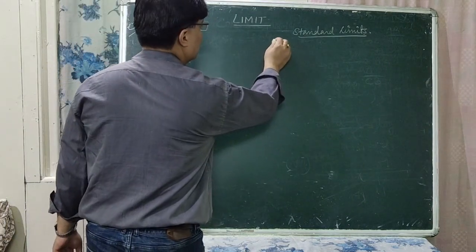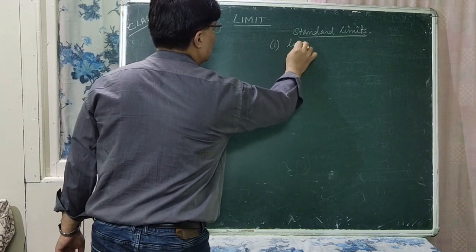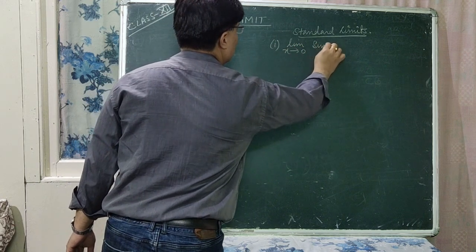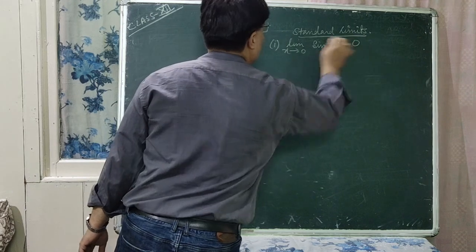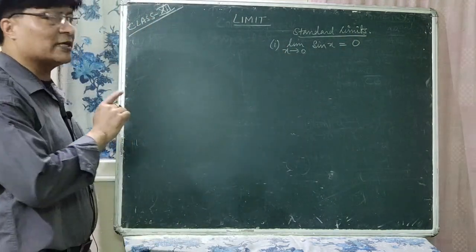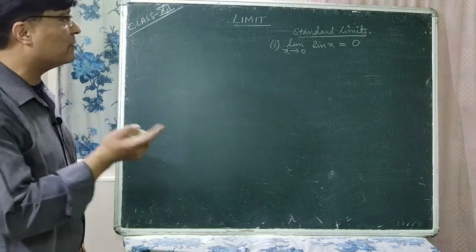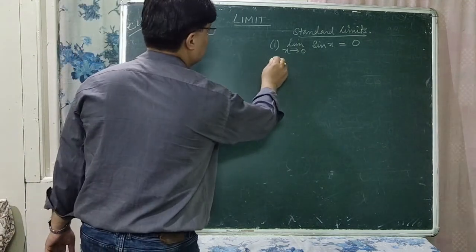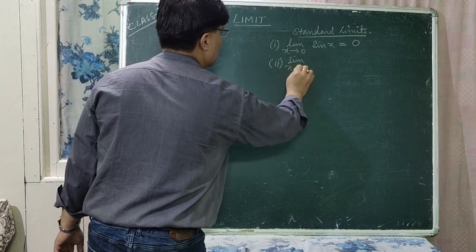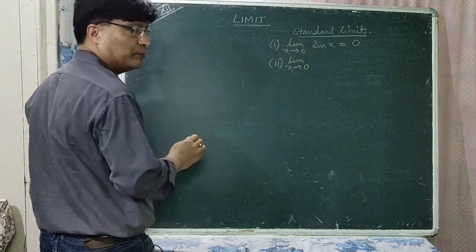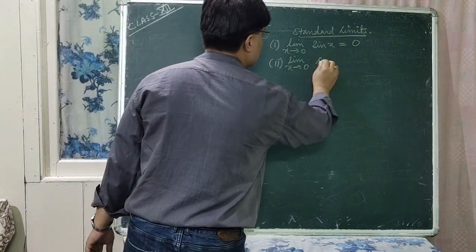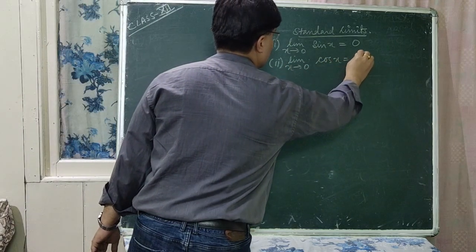So standard limit number 1 is limit x tends to 0 sin x is equal to 0. Okay, so when limit x tends to 0 sin x, its limiting value is 0. And number 2, limit x tends to 0 cos x is equal to what?